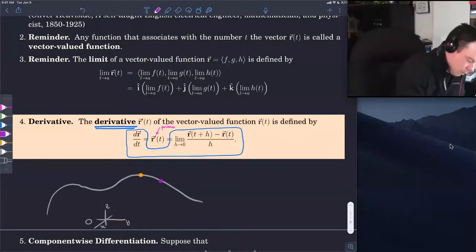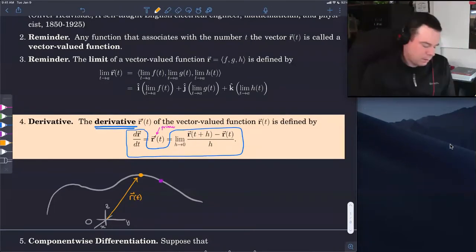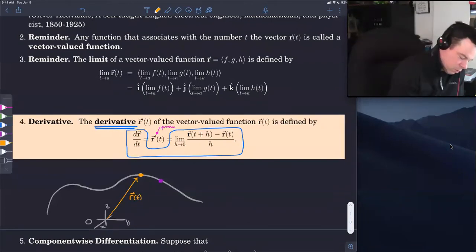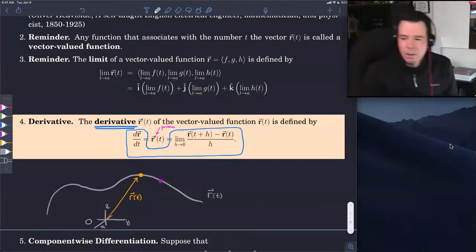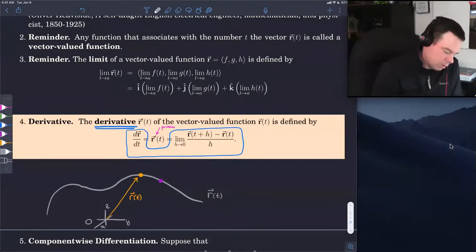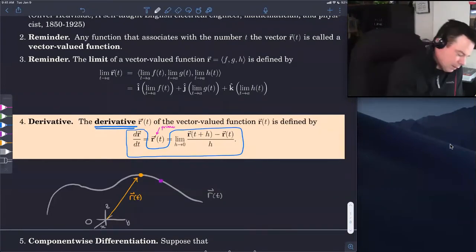Because this is a vector valued function, I can look at the vector value at t. So that's this orange vector here. We're assuming that this is our vector valued function, which we're going to call r. So at a given t, maybe we're at that orange point. And then a little bit later, at t plus h, we're over here. So that's r of t plus h.